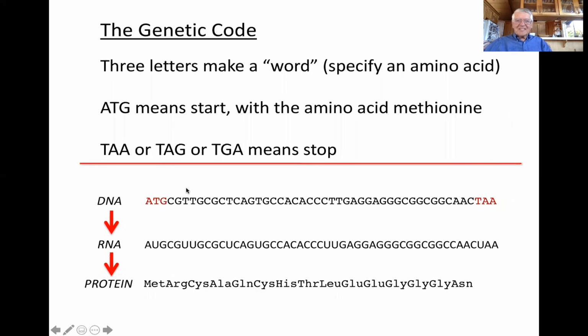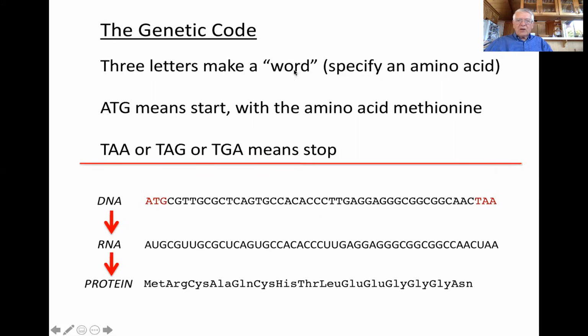And it was worked out one word at a time. Really nifty story that maybe I'll be able to talk about a little bit when I give my expanded DNA lecture. But what we know is that, in fact, 3 consecutive letters make a word.